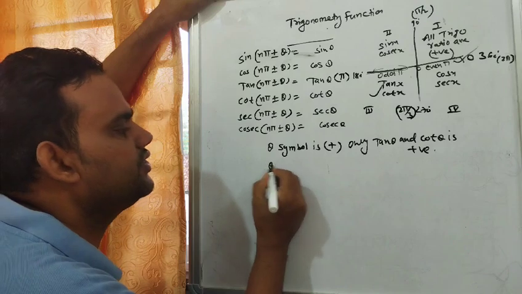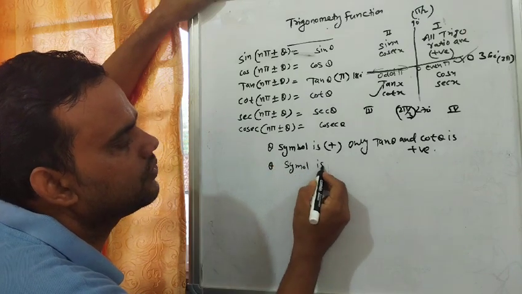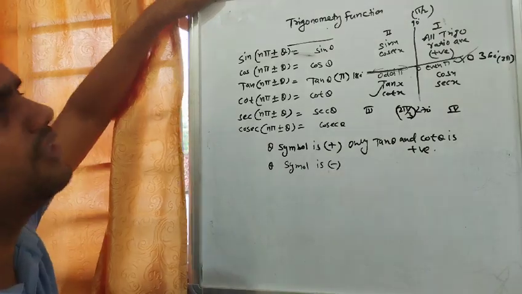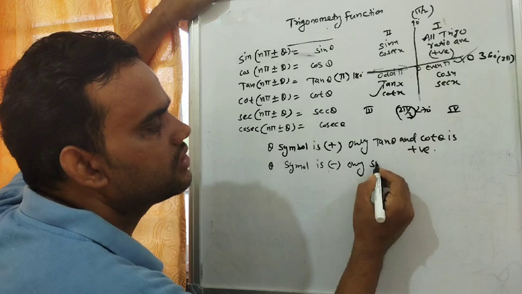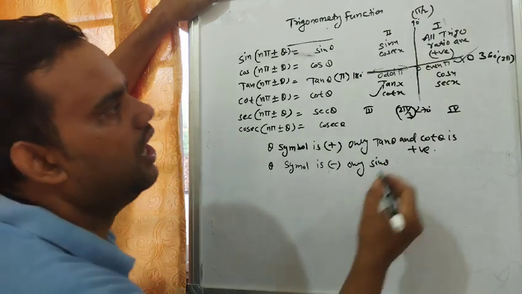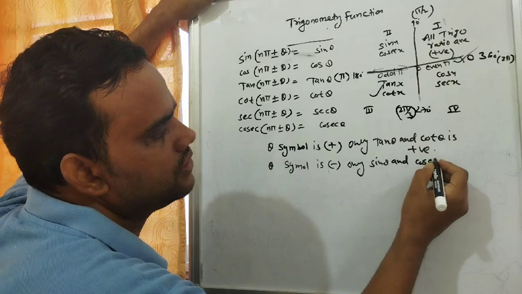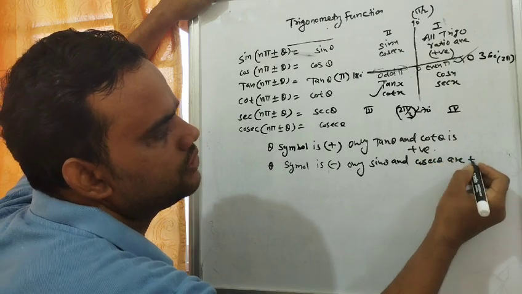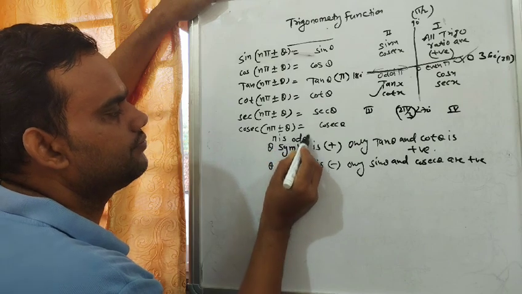But if the symbol before theta is negative, then they will come to the second quadrant. So only sine theta and cosec theta are positive, if n is odd.